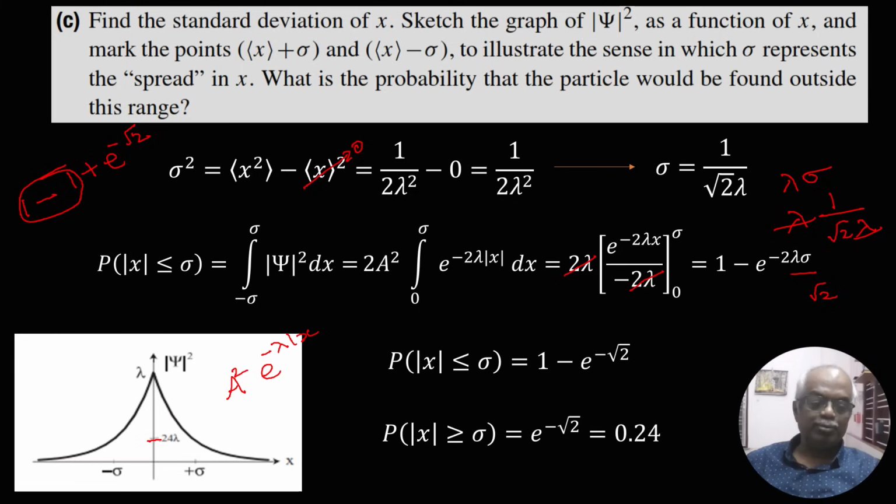Of course, 2 will come because you are squaring it, so I will rewrite this: the square of the wave function is A squared e power minus 2 lambda modulus x. What happens when x is equal to 0? This will be 1, so you get A squared, and A squared is lambda. So the maximum value is lambda, and the probability outside the spread is 0.24.